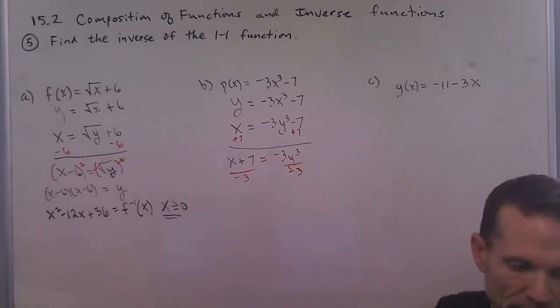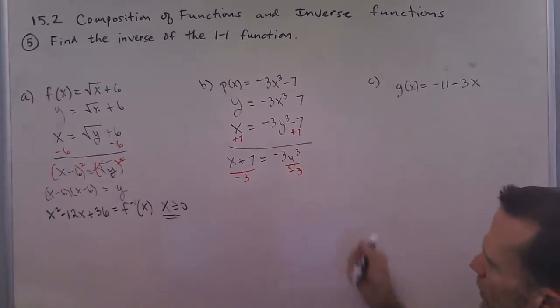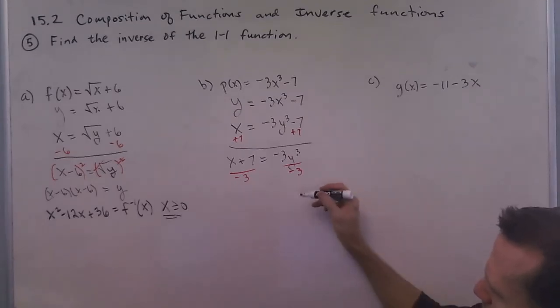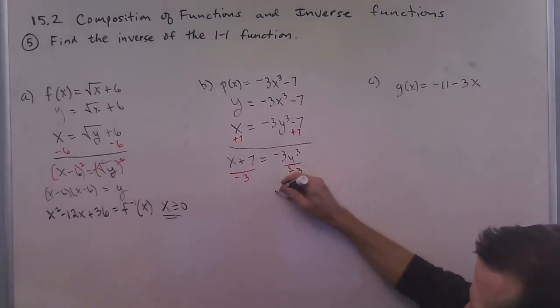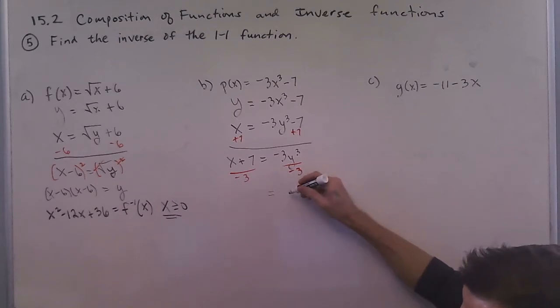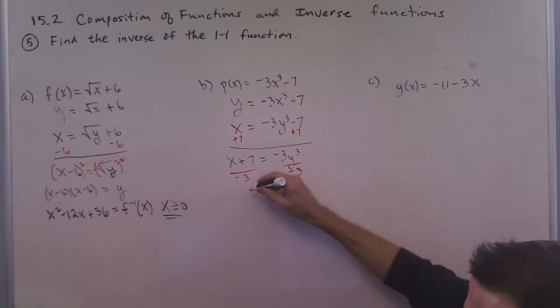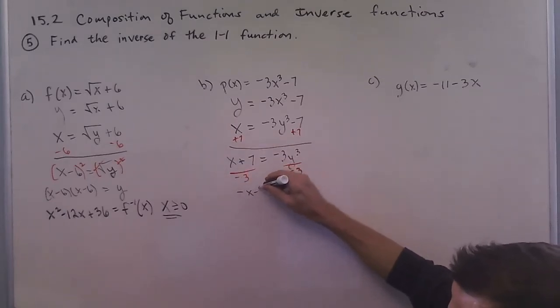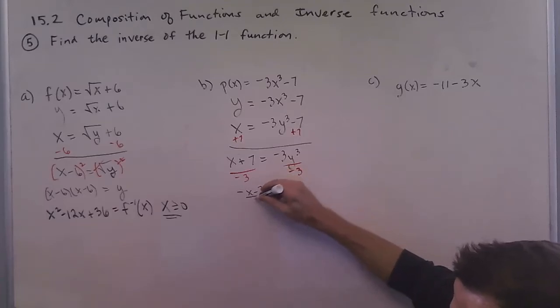Okay. And at this point, we should know how to clean this up a little bit, but I'm going to shorten the problem a bit here and kind of leave it not maybe in the best form. But I'm going to move my negative to the top, so I have negative x minus 7 over 3.